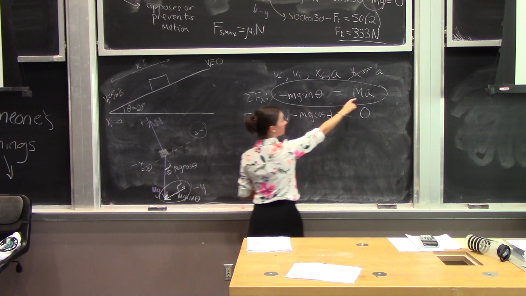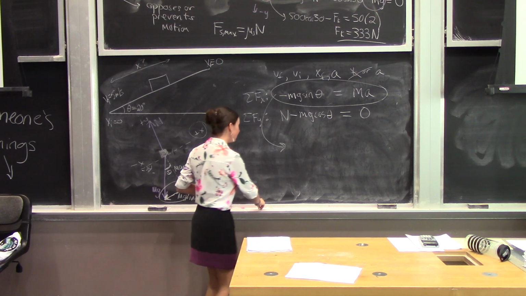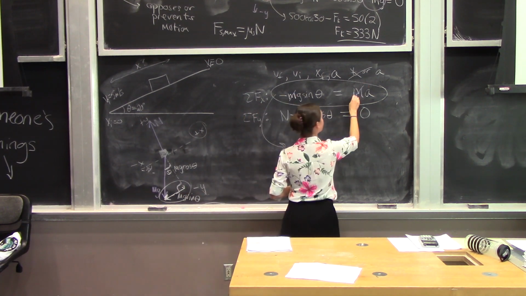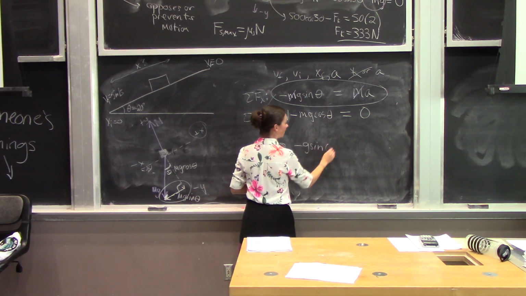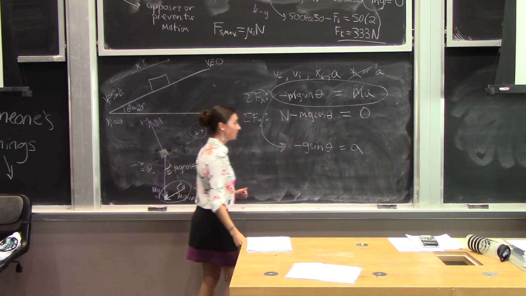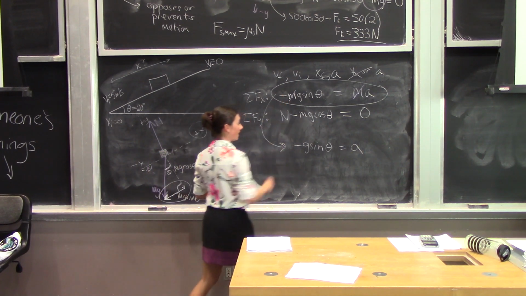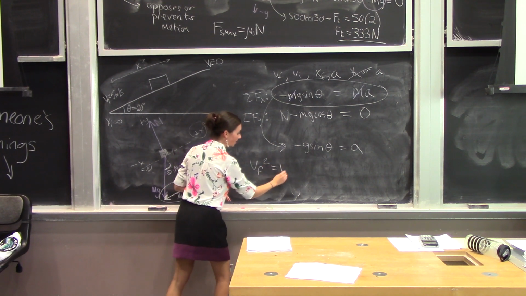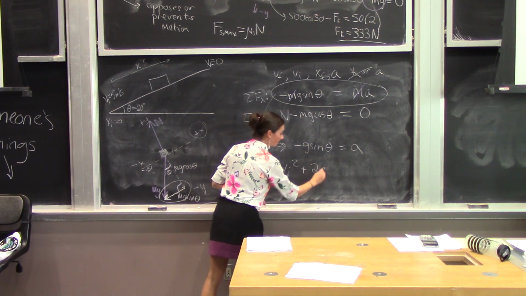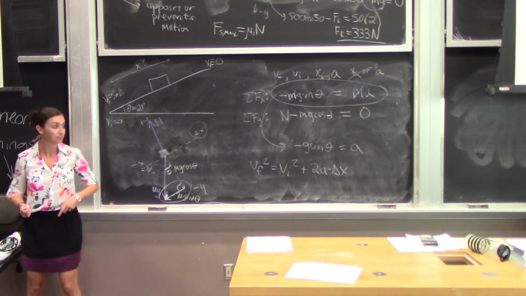And if I look at this, okay, negative mg sine theta equals ma. Do we need the mass? Not needed, it cancels. Okay. So this tells you that negative g sine theta is the acceleration of our object. So then when you start to do that kinematic stuff, I would probably choose this equation, because it relates all of those things that we already wrote down.